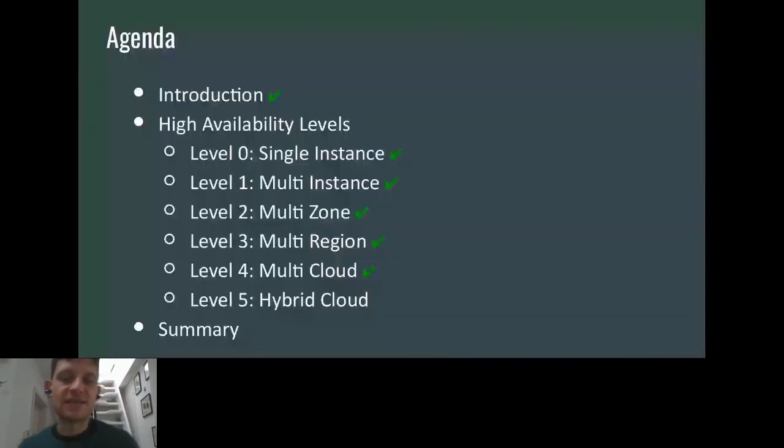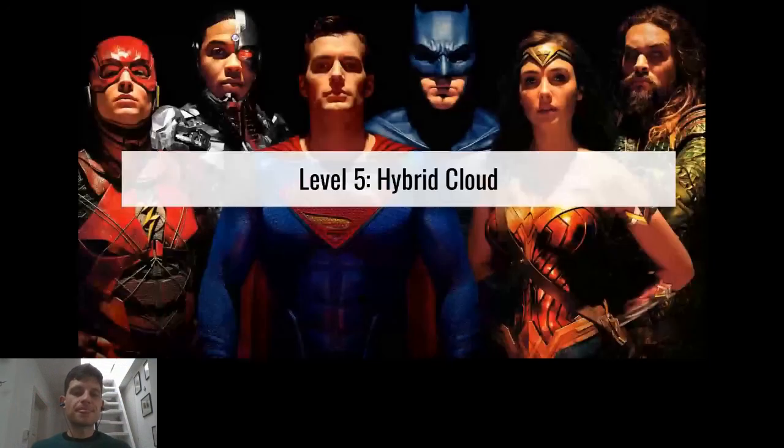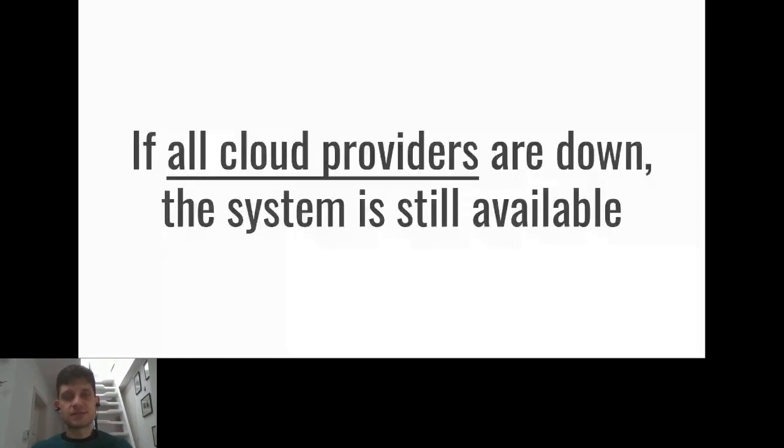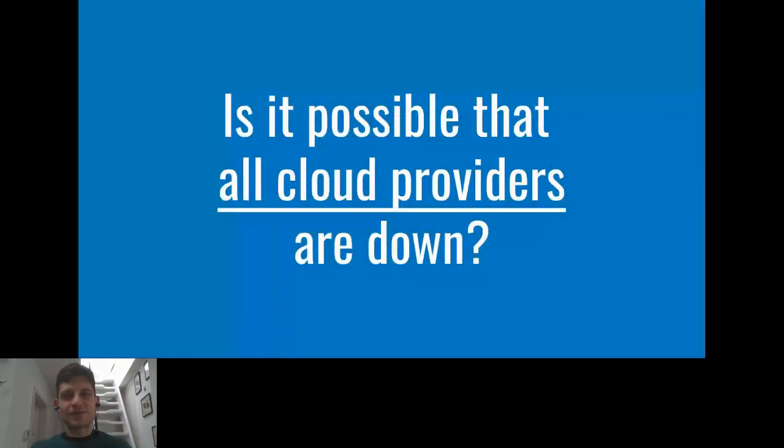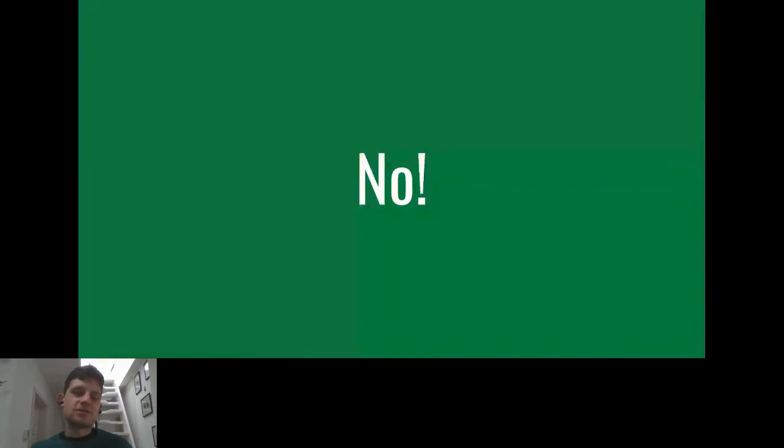The last level is hybrid cloud. Hybrid cloud means that if all cloud providers are suddenly down, your system will still be available. You may ask, is it really possible that all cloud providers are down? Obviously, no, it's not possible.